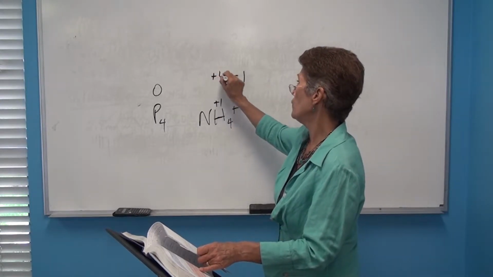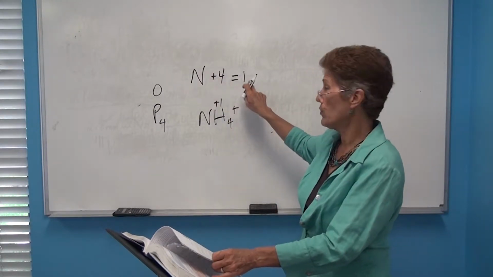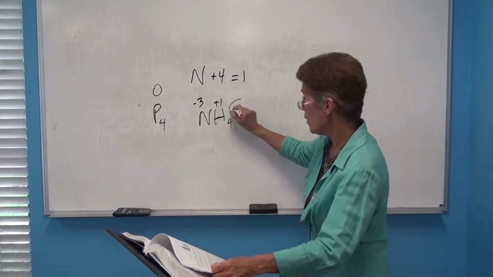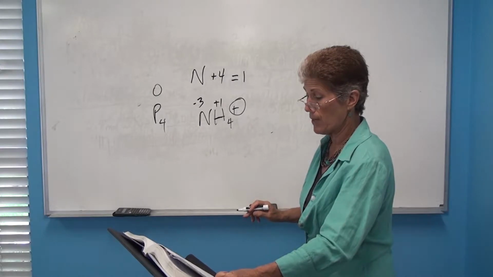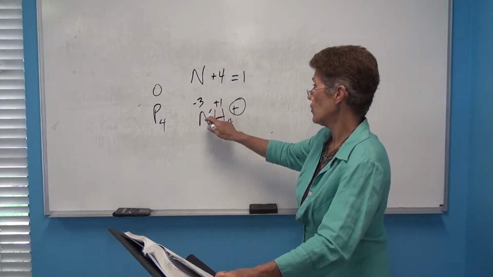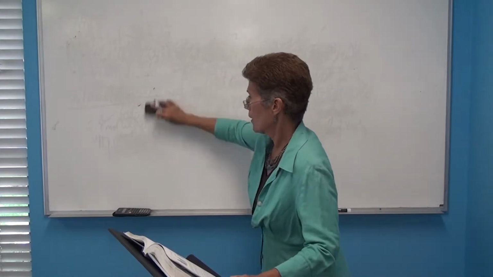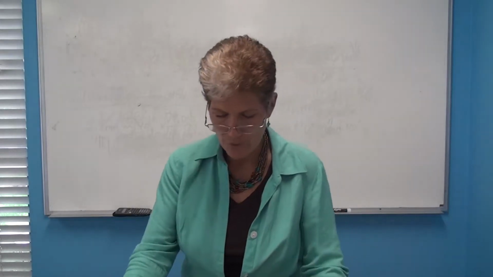So we have +4, and we need nitrogen plus 4 equals 1. So nitrogen has to be a -3 to make this true. And the reason it's +1 is because there is a charge there. That's a polyatomic ion. So nitrogen's going to have to be a -3. It's not hard, but like everything in chemistry, you got to know what you're doing.